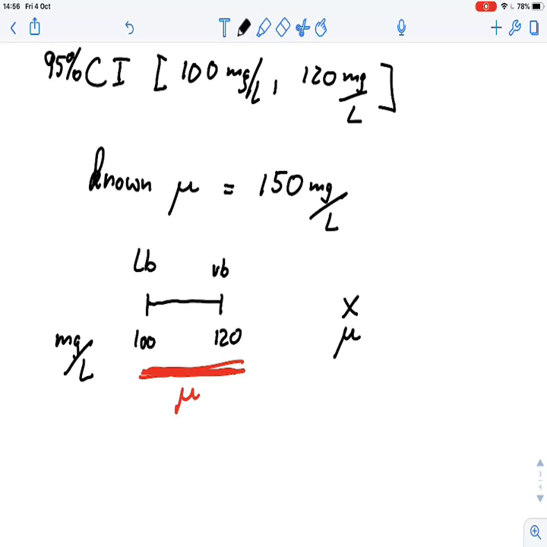For example, we would not be able to say, were we just unlucky that we didn't get the confidence interval and the true population mean matching? Or is something really, really weird going on?